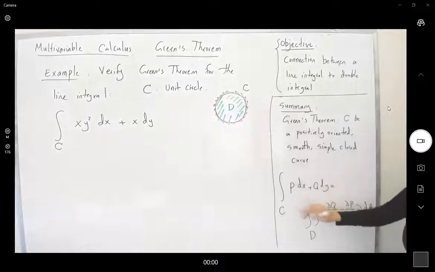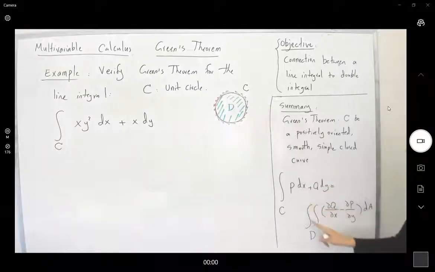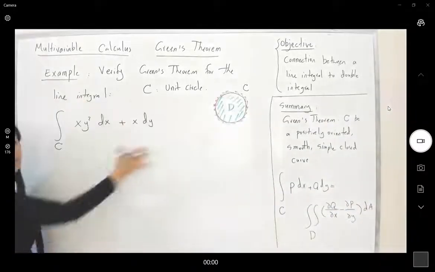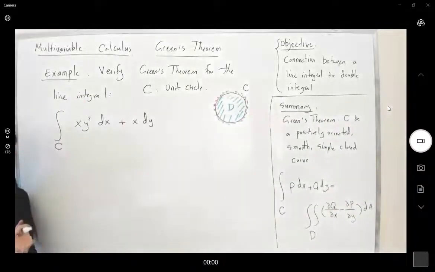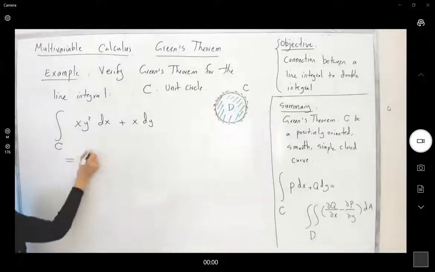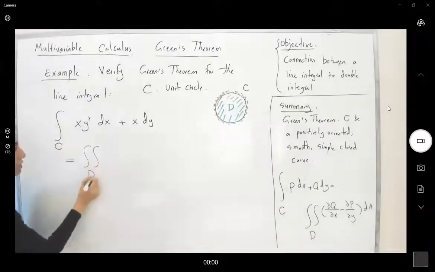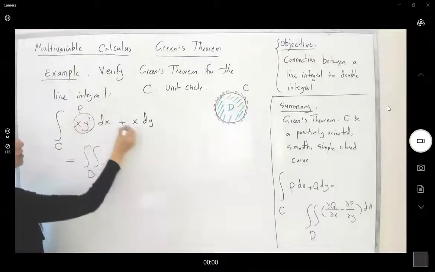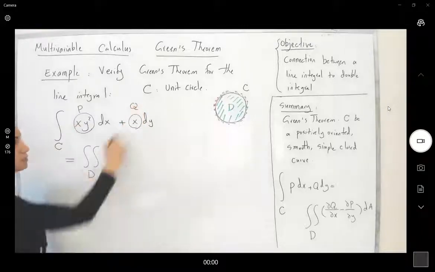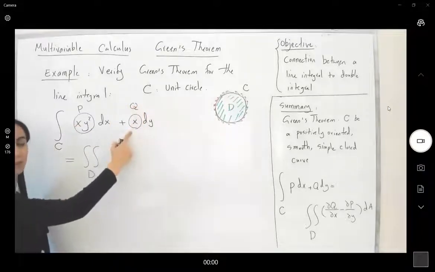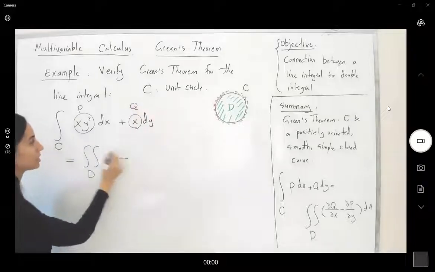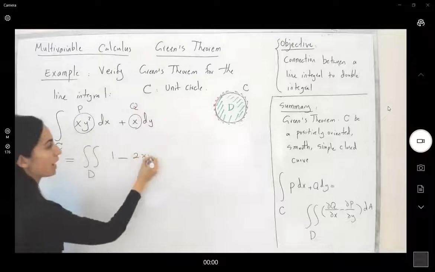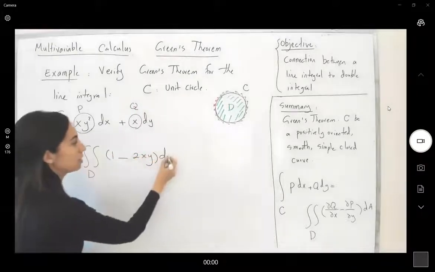Now we can convert our line integral using a double integral. It says, hey, instead of having a line integral, you can use a double integral over D. So this is your P and this is your Q. The partial derivative of Q with respect to x is 1, minus the partial derivative of P with respect to y, 2xy, dA.